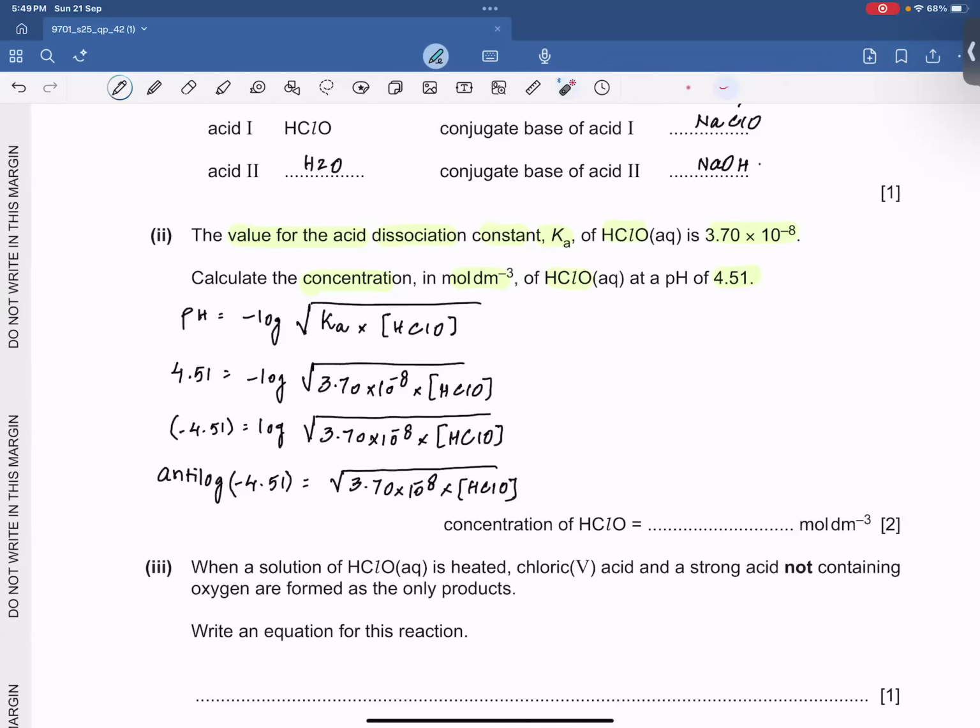Obviously, I've got the value from this. Press shift, then log, then minus 4.5, and then press equals on the calculator. You will get the answer.